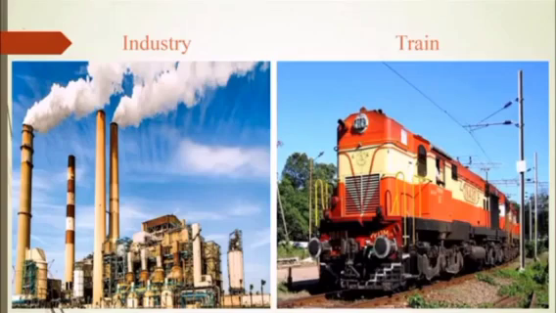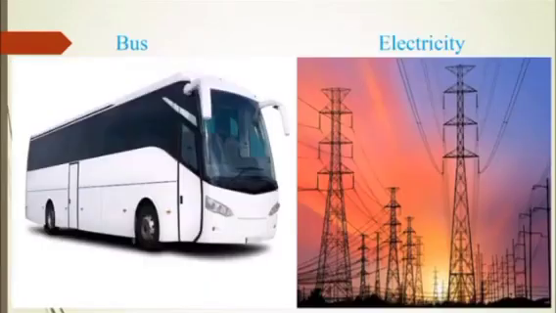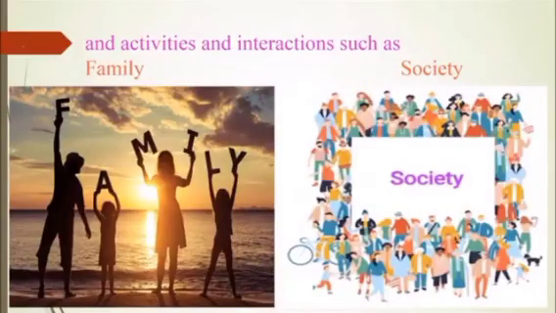Here we can see the picture of industry and train. Bus, electricity. Here we can see the picture of bus and electricity. And activities and interactions such as family, society. Here we can see the picture of family and society.